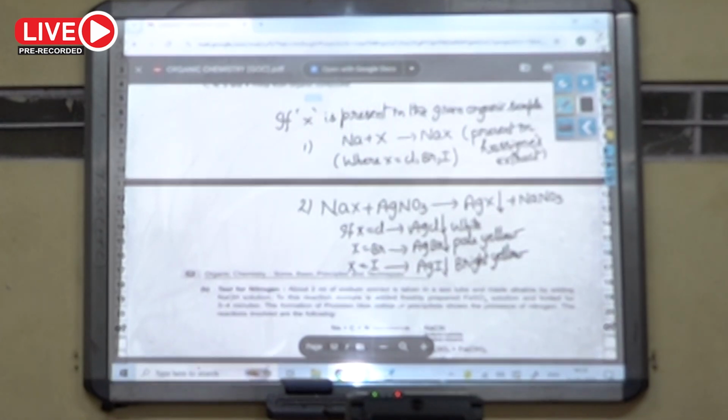By seeing the violet color with sodium nitroprusside, you say it is sulfur. Or by seeing the black color of lead sulfide with lead acetate, you say it is sulfur. So by colors you are identifying. Color is a quality, correct? That's why our heading is qualitative analysis.